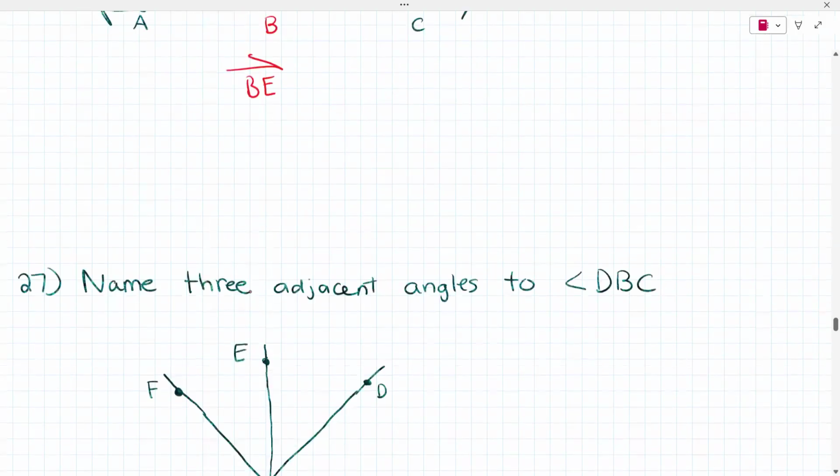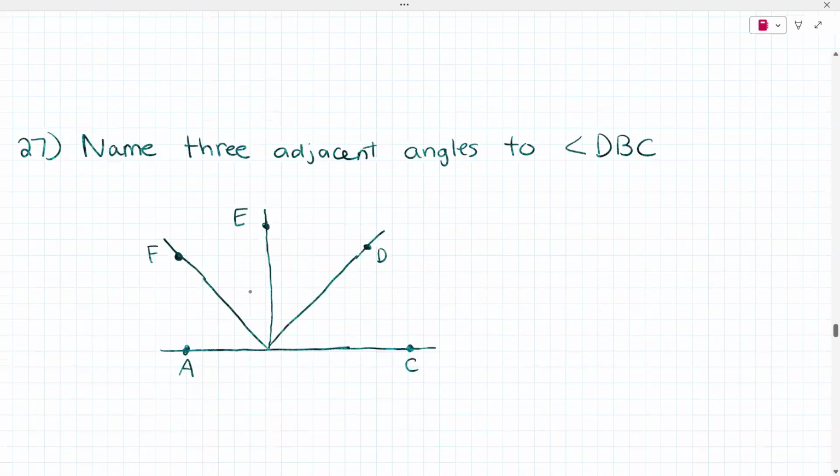Okay, 27. Name three adjacent angles to angle DBC. So one would be angle EBD.